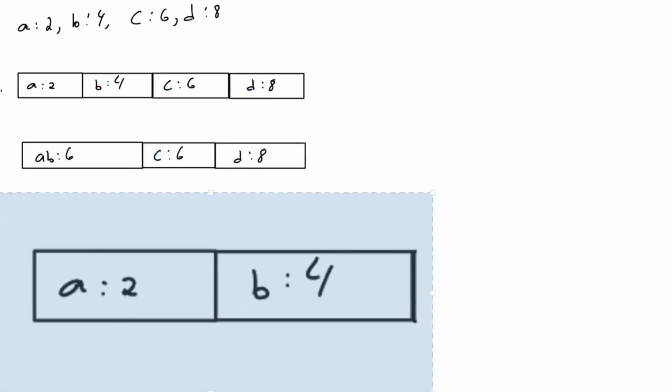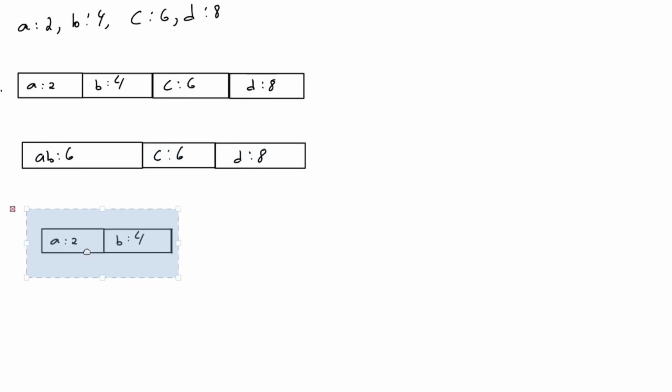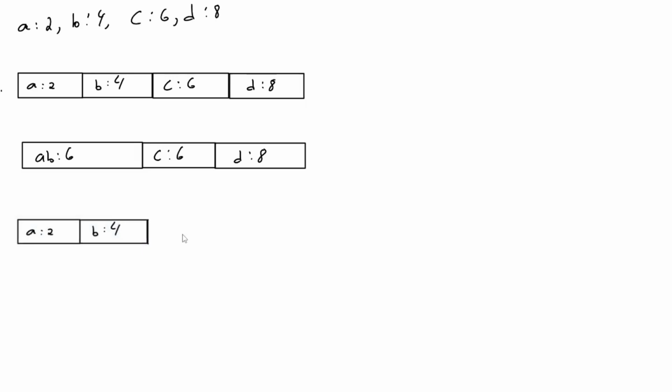Okay, it worked. Let's put that right underneath as the two things that make up this AB. Okay, let's make two lines, going from here and here.